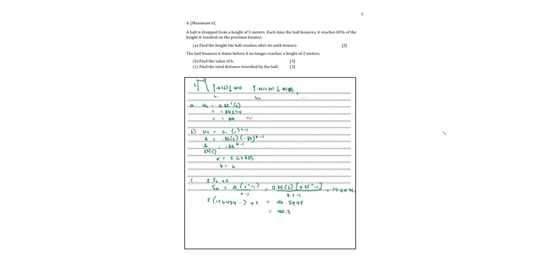So we can use the formula for u sub n, and then we substitute. Let's say our u sub n is 2. u sub 1, the first bounce, is 0.85 times 5, and then the next will be 0.85 to the k minus 1. Let's say k, or n, I'll just change n to k. So using the formula, substituting, we shall have this, and then we can divide with this number.